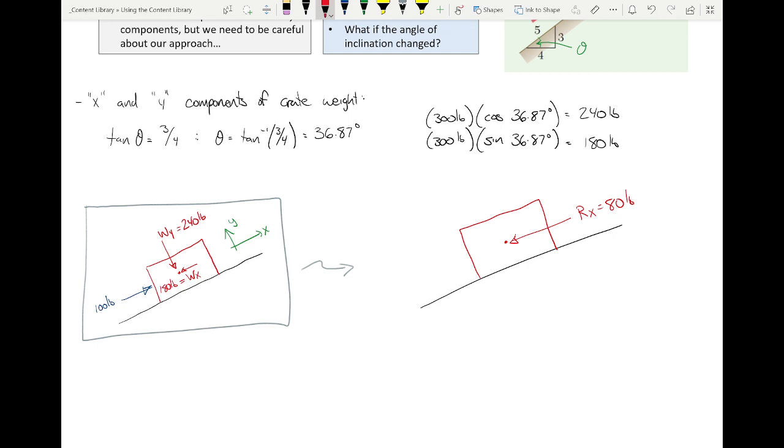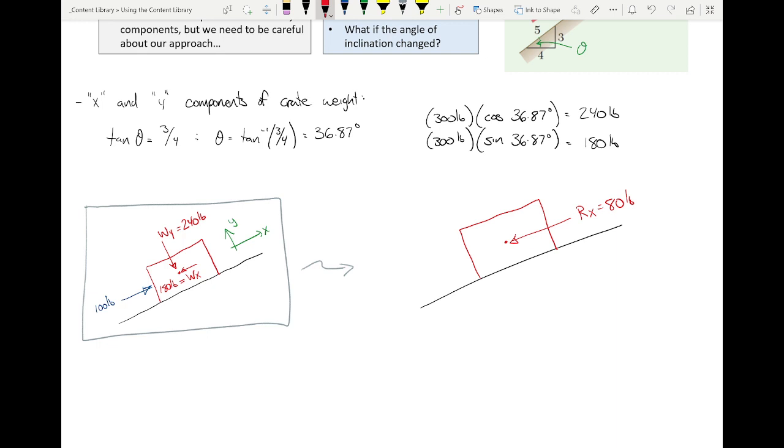Does that make sense? In other words, the crate's own weight is causing it to want to slide down the ramp with a force of 180 pounds. The problem is that we are only pushing up with a force of 100 pounds. So there's a differential, and the differential is 80 pounds. Does that make sense?